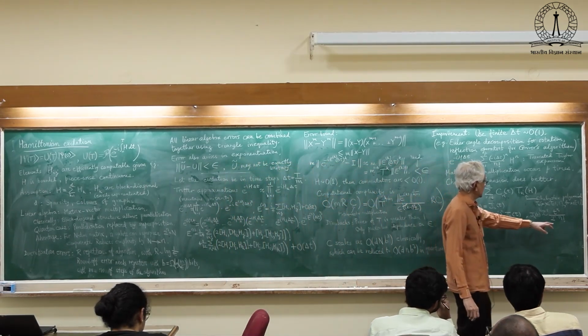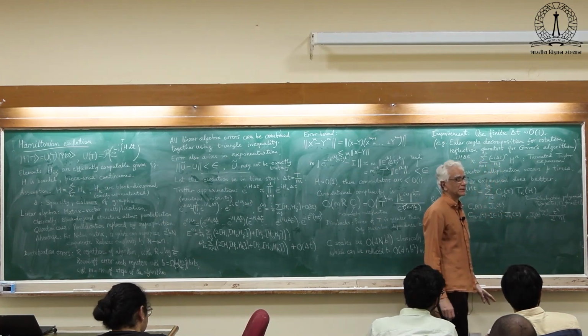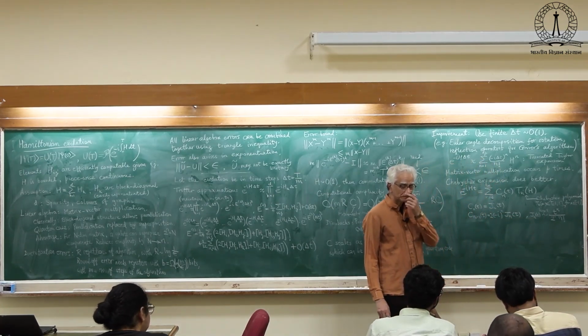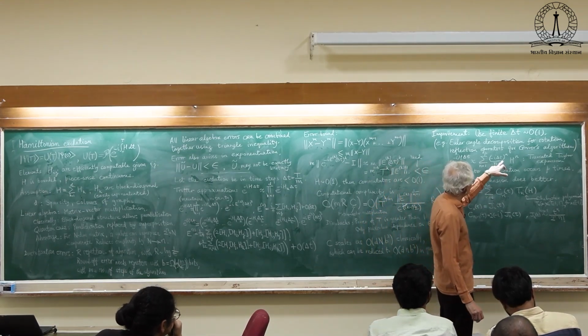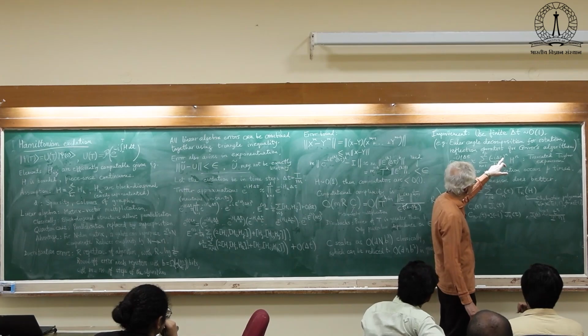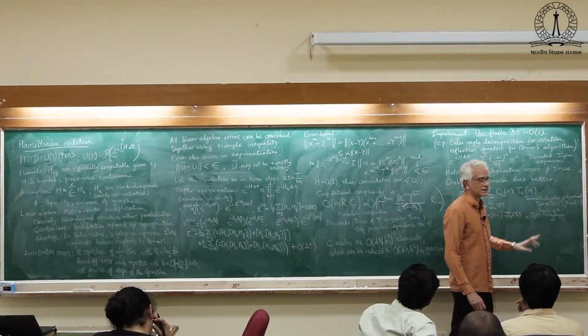Instead of just n factorial, which was over there, there is an extra power of 2 to the power n. And that means the series, whatever it is, if this is bounded, it will converge faster because of this extra 2 to the power n.